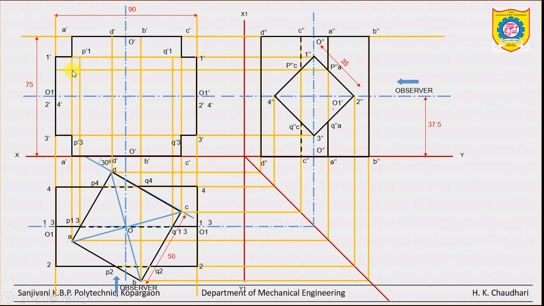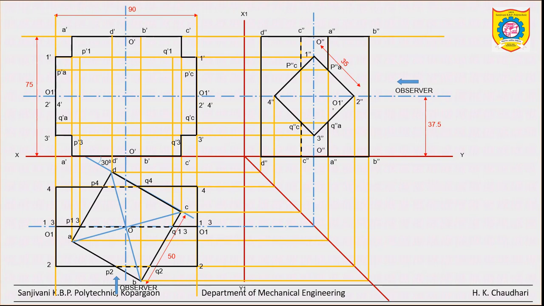So this point will be P dash A. Similarly, the same line of projection for P double dash C. So again observe the C edge, this point will be P dash C. Similarly for Q double dash A and Q double dash C, we can locate them by taking the projection. Now see, this point is Q dash A and on this side Q dash C. Okay, now we got more points.